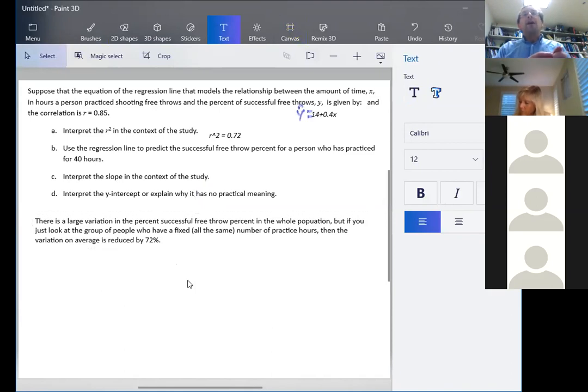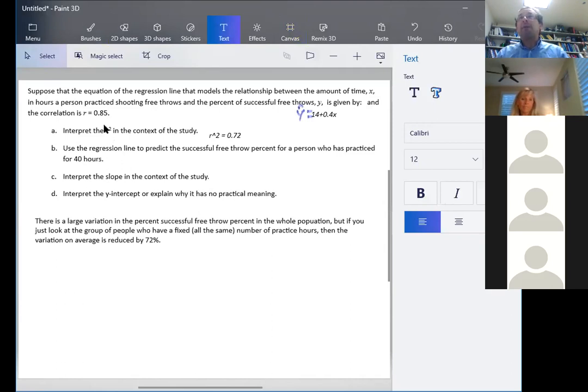Knowing X helps you get a better handle on Y. If we know how many hours somebody has practiced, then we have a much better idea of their free throw percent, because when you have a smaller variation, you know a lot better what that person's Y is. Anybody lost on this? The hard part is, will you be able to do this yourselves with a different question and understand it? That's the main thing.